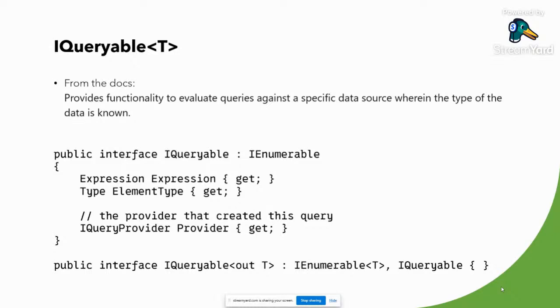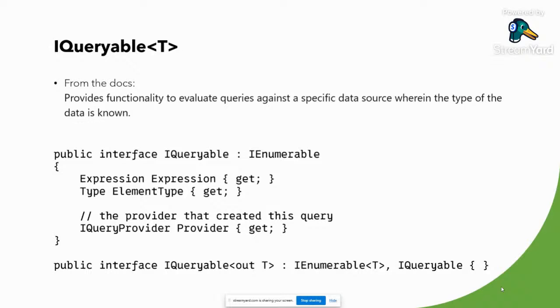It creates a SQL query. So you still have your deferred execution with IQueryables, but its execution happens on your database, not on your in-memory stuff. Entity Framework uses this a lot. So if they ask you what's the difference between IQueryable and IEnumerable, well, one inherits from the other, and one goes against the memory objects, the other one talks to your database.